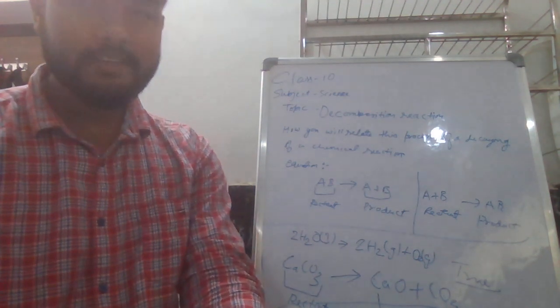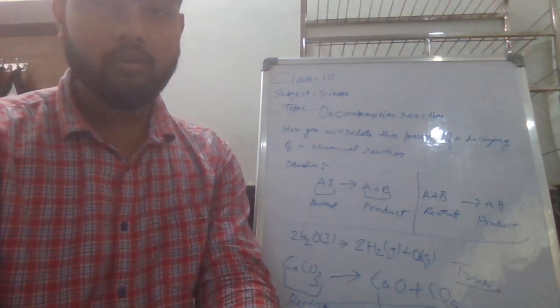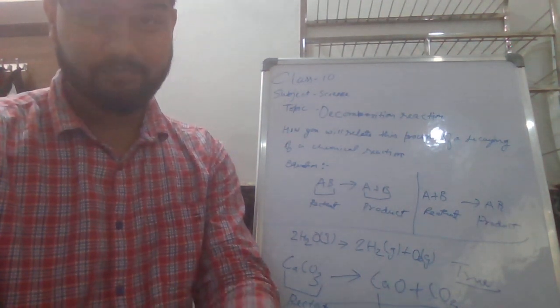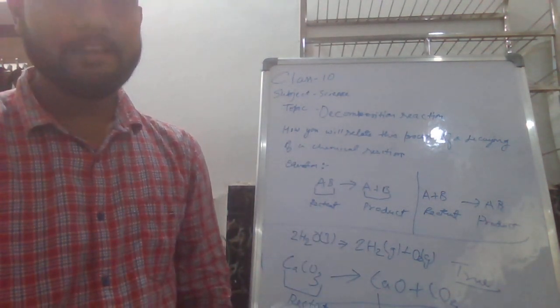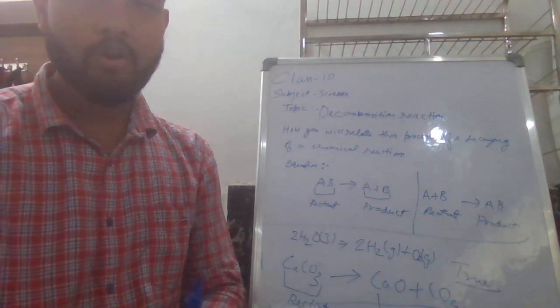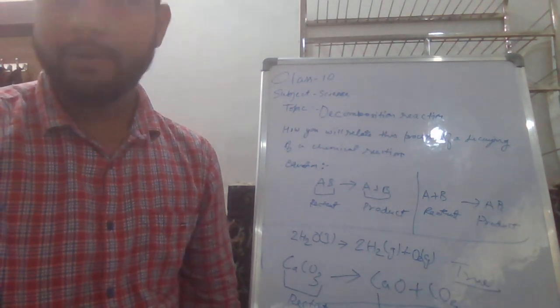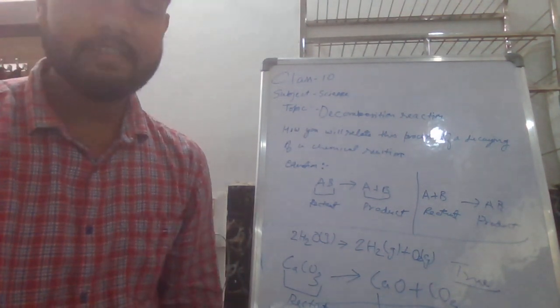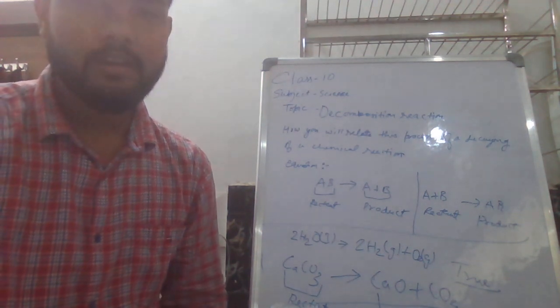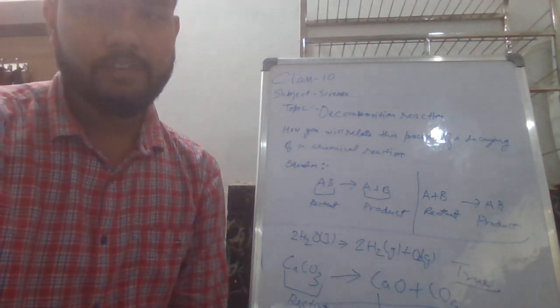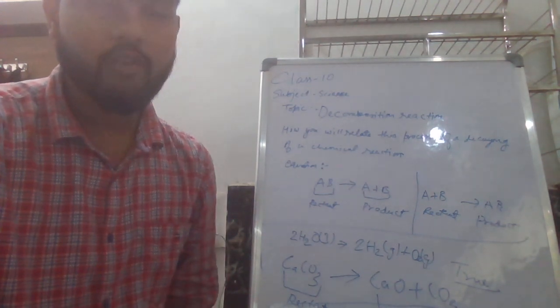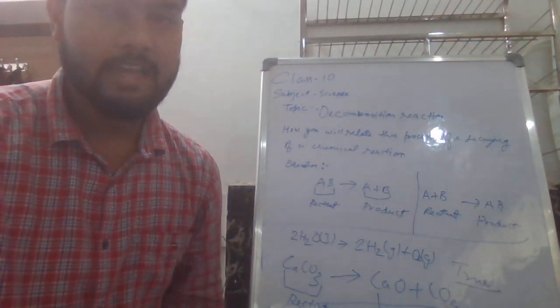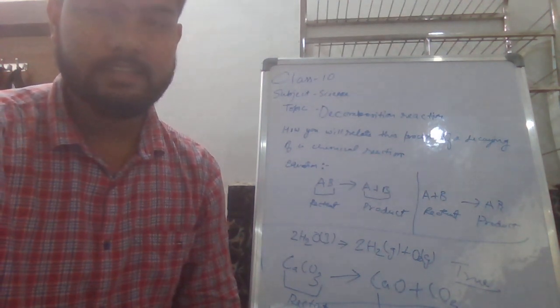When heated, it breaks into two or more simple substances. This reaction is usually endothermic because heat is required to break the bonds present in the substance. For example, take ferrous sulfate crystal, FeSO4·7H2O. It loses water when heated and the color of the crystal changes.